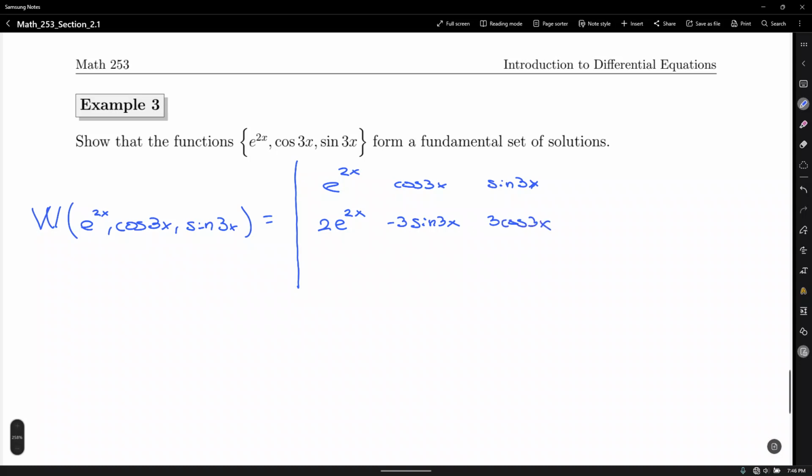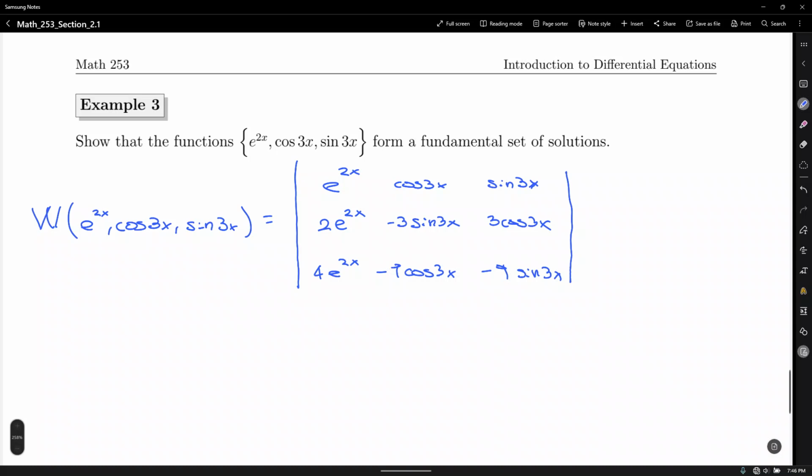The third row will be the second derivatives, that is 4e to the 2x, negative 9 cosine 3x, and negative 9 sine 3x.